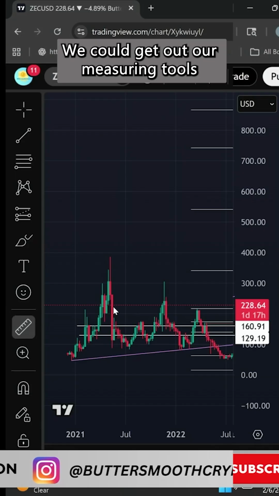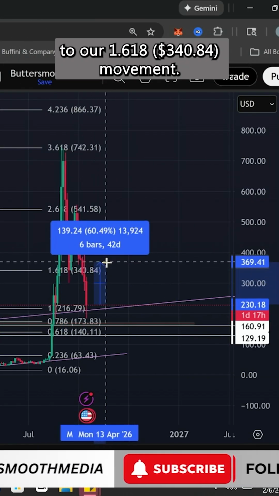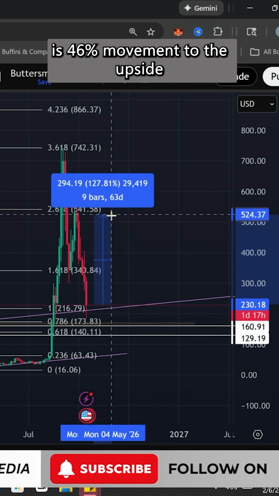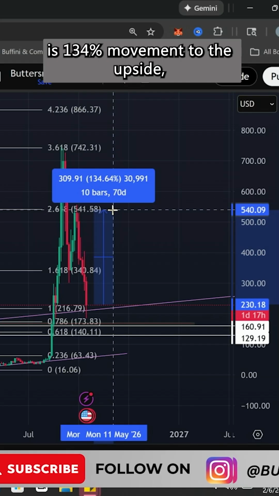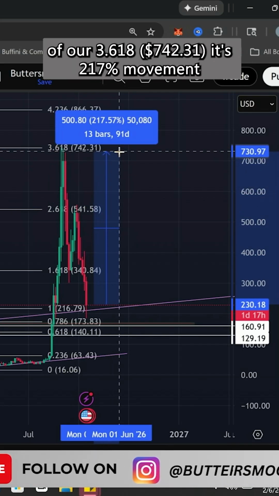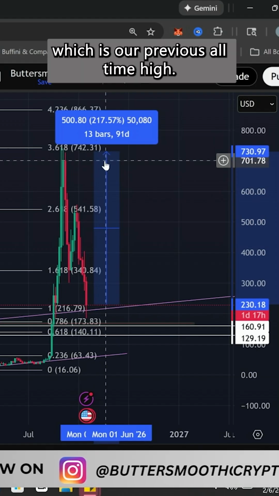We could get out our measuring tool. From current price action to our first movement of the 618 is a 46% movement to the upside. To our second movement of the 618 is 134% to the upside. And our third movement of the 618 is 217% to the upside, which is our previous all-time high.